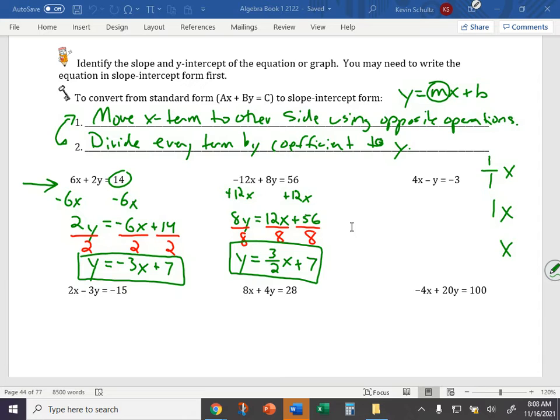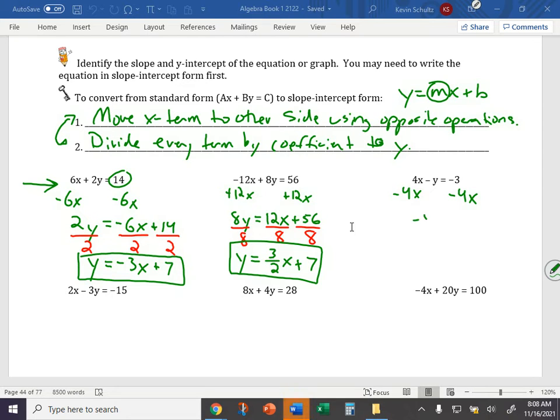All right, other questions that you're coming across? Maybe you've worked ahead and you've come across one that's particularly intriguing. Kylie? The next one, what's intriguing about that one? The negative y. Okay, so our first step, move that x term over, opposite operations, subtracting 4x from both sides.